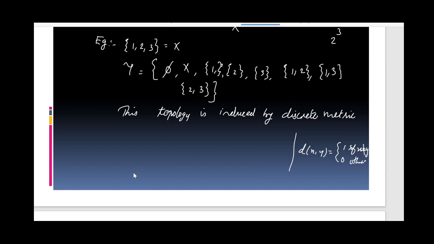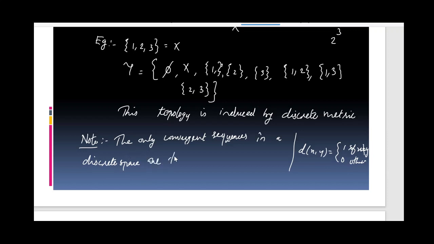Now the only convergent sequences in a discrete space are those which are eventually constant.